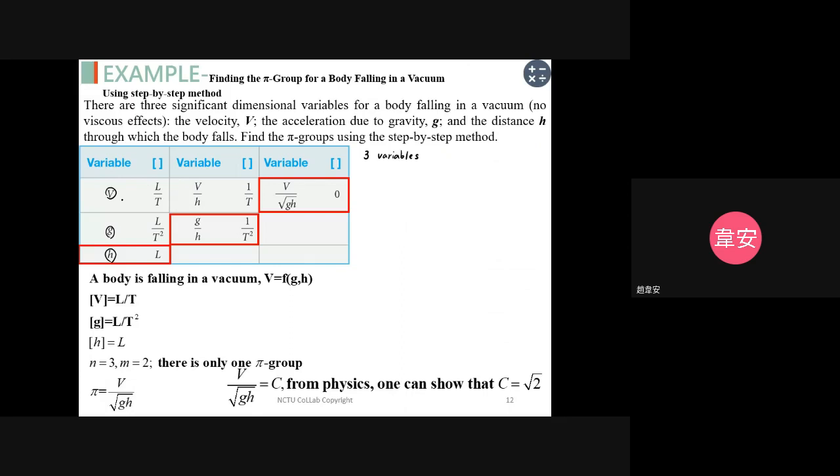The velocity dimension is L divided by T, and the gravity is the acceleration, so the dimension is L divided by T squared, and the falling height is L. So actually we have two basic dimensions.